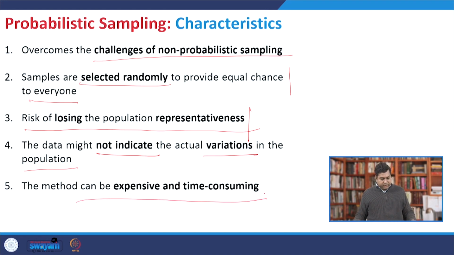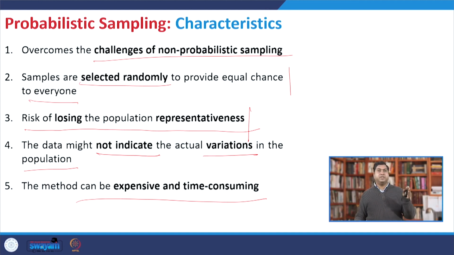And simple random sampling, or random sampling, is a little bit expensive and time consuming. In the first example of random sampling, you have to select the respondent according to the number that you generated.